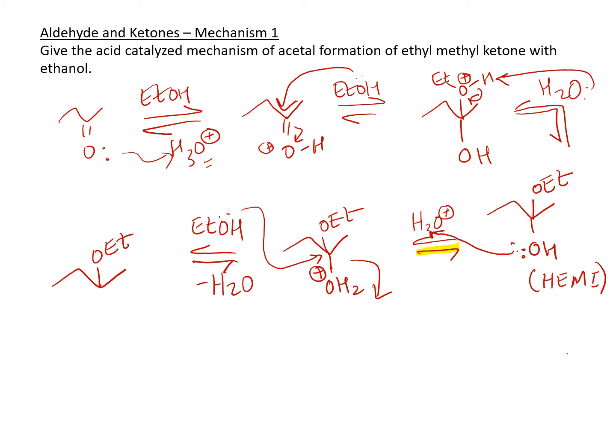Most of the mechanisms are proposed because they have been studied, so there's a 99% chance that everything in the mechanism is correct. There has never been any carbocation studied in these mechanisms. So please don't write carbocations in this mechanism. So not SN1, SN2, over here.